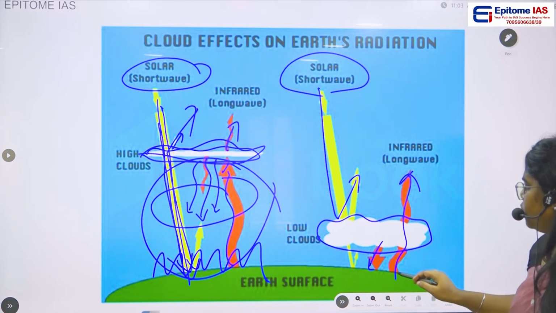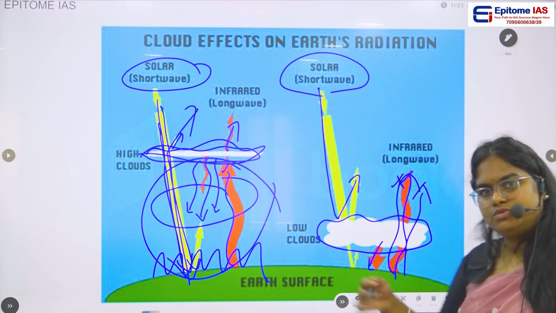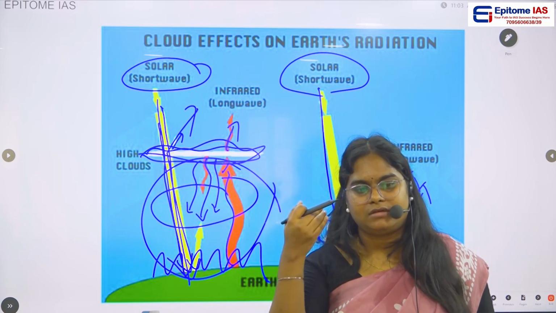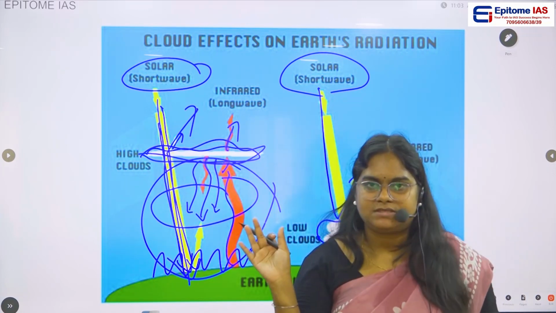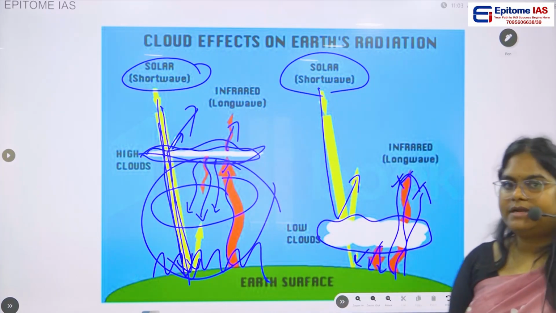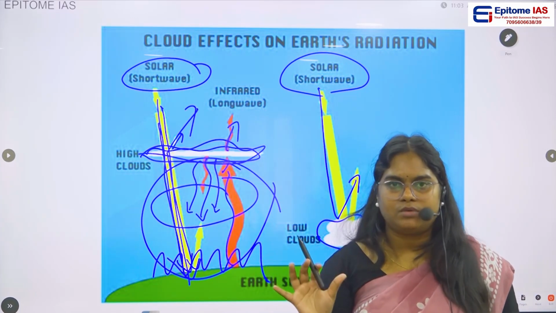that most of the infrared waves actually pass through the low clouds. They let the long wave radiation escape to space. Only a few of the infrared radiation is trapped, or absorbed and re-emitted, by the low clouds.